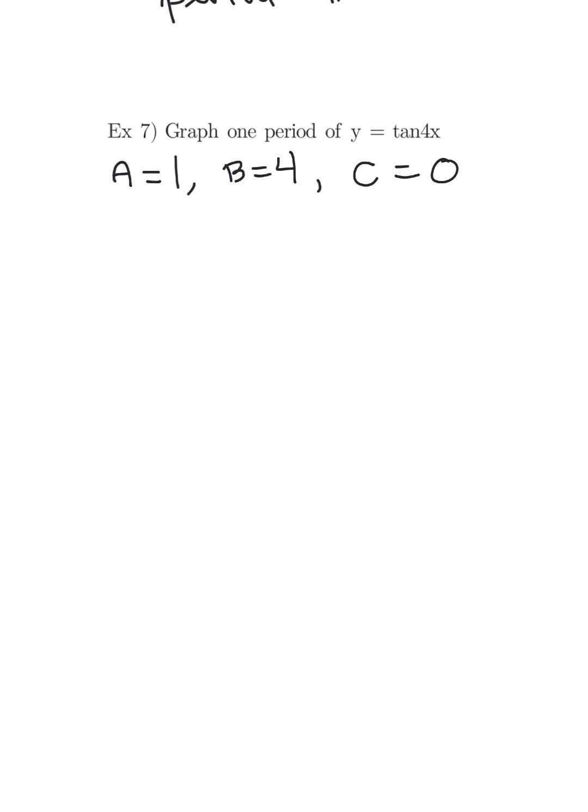Period. Remember, to find period, you always take standard period length. Standard period length for tangent is pi, and put it over your b. So instead of going through one cycle in pi, we are going to go through one cycle in pi over 4.